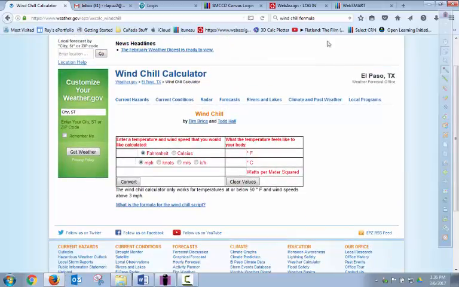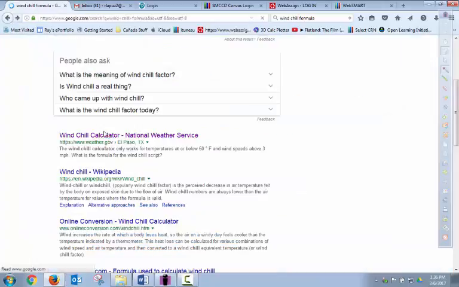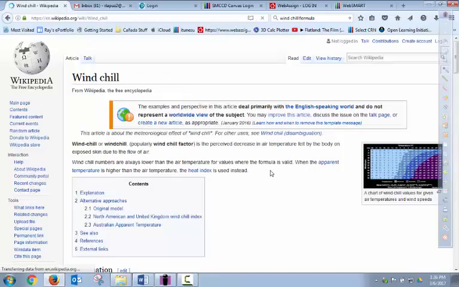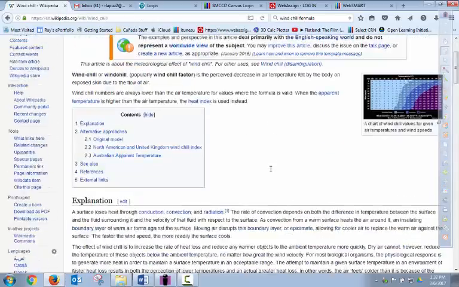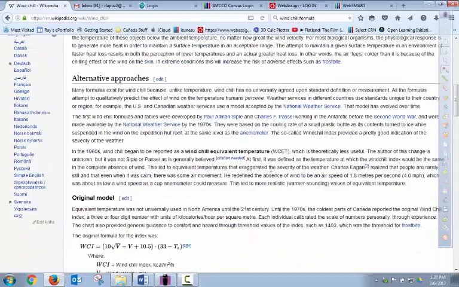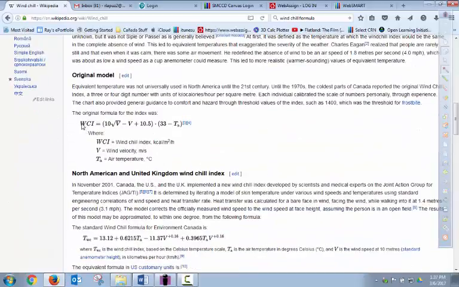I asked for the windchill formula, right? Wikipedia. There it goes. Wind chill index. So V is the velocity, T is the temperature.